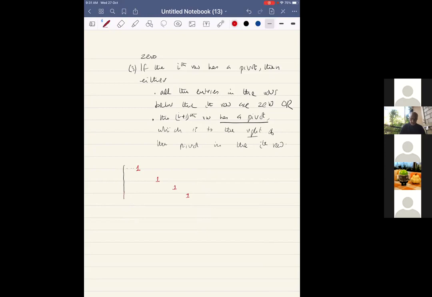This is not the full matrix, but then 0, 0, 0, 0 many rows.